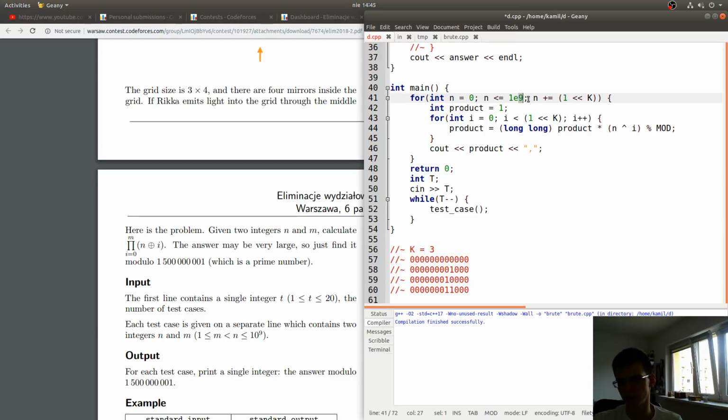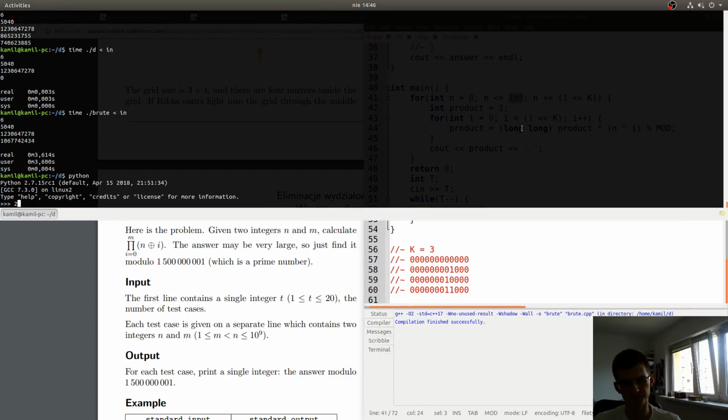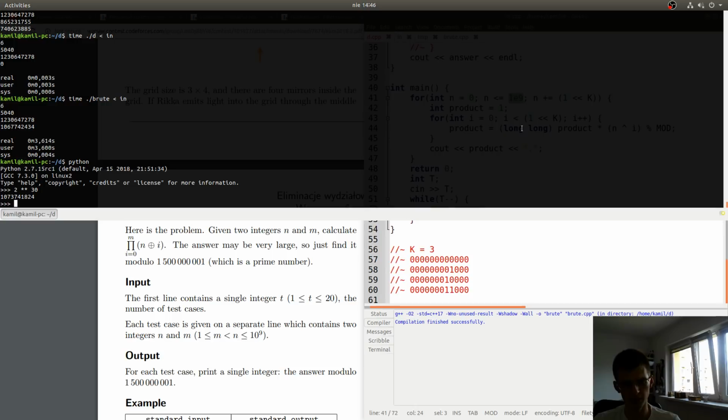So actually here we don't only need values up to 1 billion, we need all the possible values of n XOR I we can get. Since n is limited by 10 to the power 9, and 2 to the power 30 is slightly bigger than 1 billion, n XORed with some I can't exceed that, because both numbers have only 30 bits.